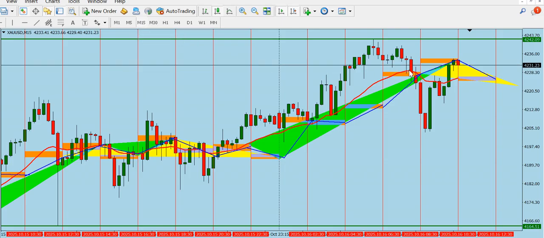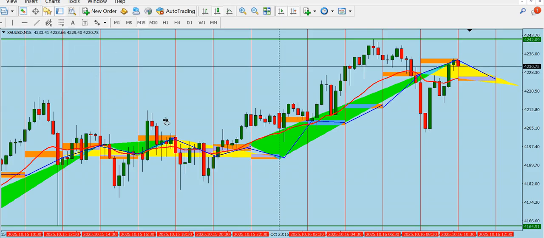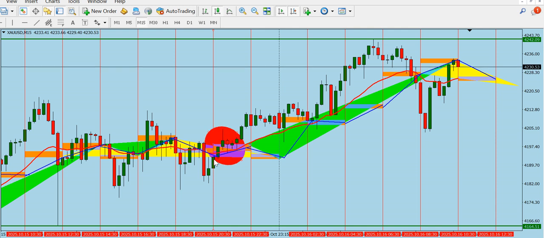So that's how to use the Mega Smash strategy. Now another idea is when price breaks through, like you have a breakthrough around here, that might indicate price going to go up. We have a similar one here.